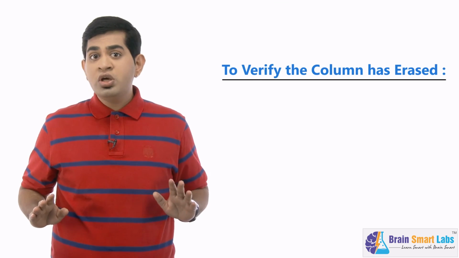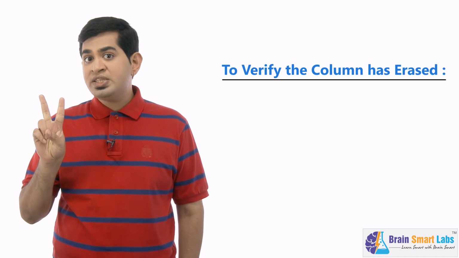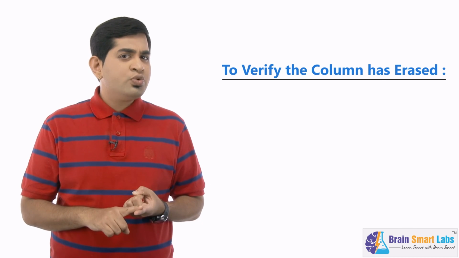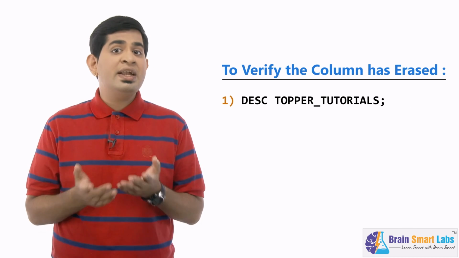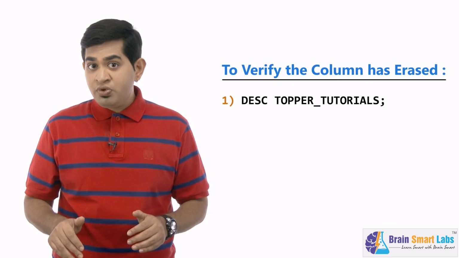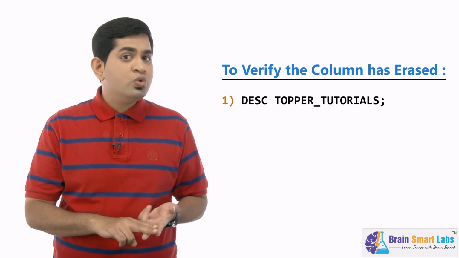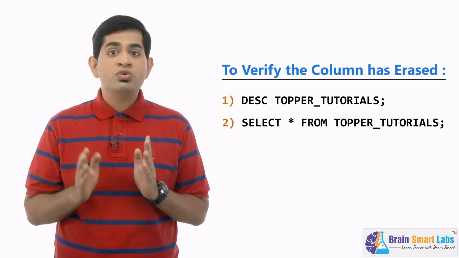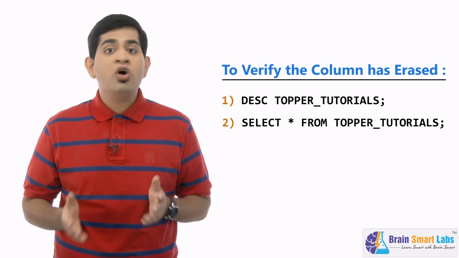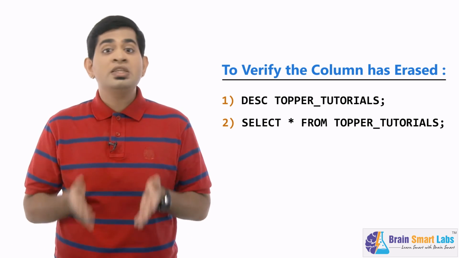Now to verify whether the column is completely erased or not, you can verify it using two ways. The first way is to type describe topper tutorials and run the command, as this will give you the current structure of your table. The second way is to do select star from topper tutorials to find out no such column or any related data exists in the table.